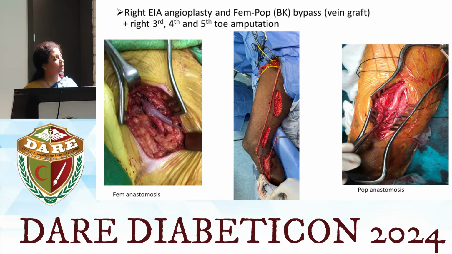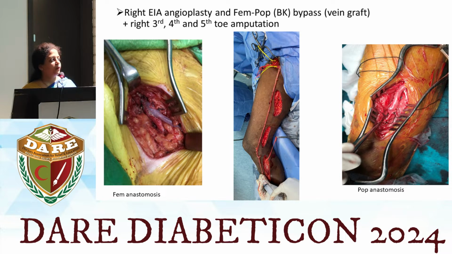For the iliacs, we do an angioplasty and a femoropopliteal bypass. Here the bluish structure is a vein, the patient's own great saphenous vein, which is harvested from the leg. One anastomosis is to the femoral artery, and another anastomosis is to the popliteal artery.